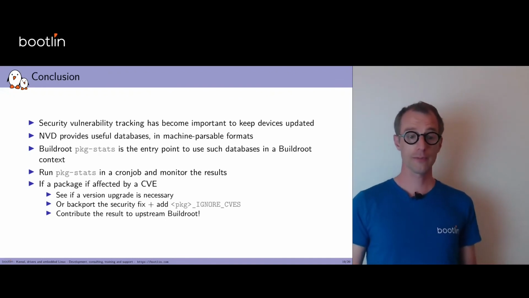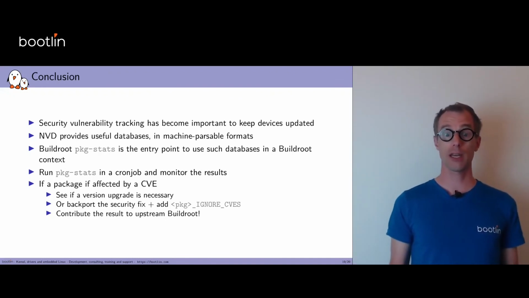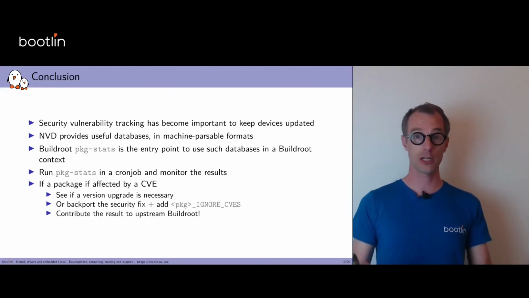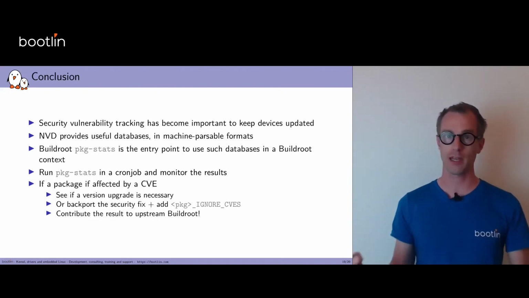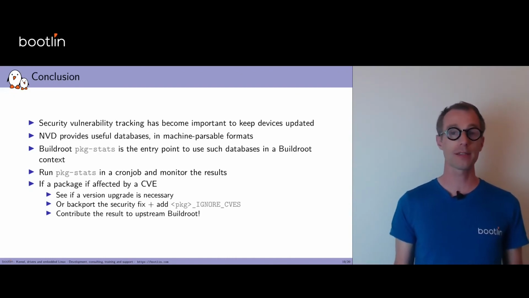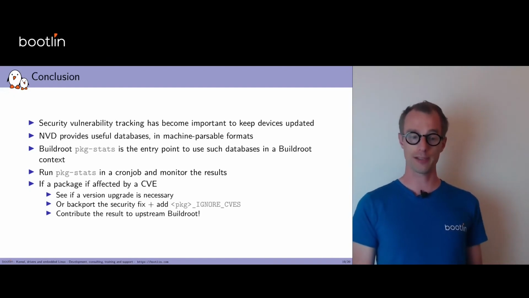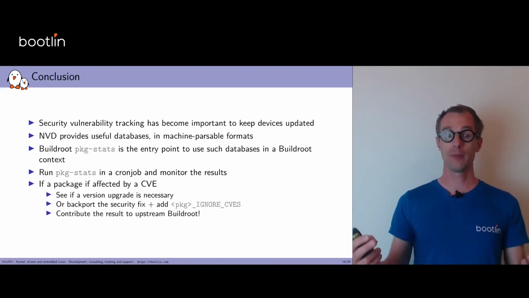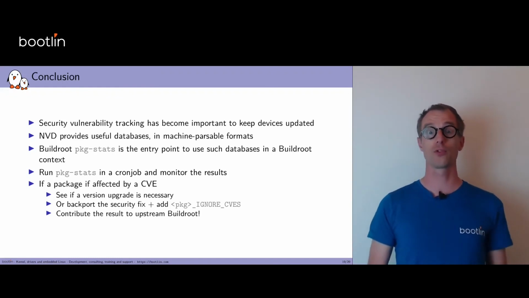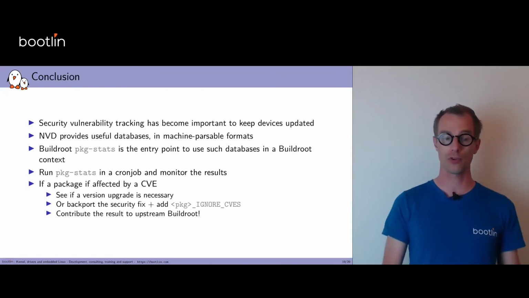So to conclude, security vulnerability tracking has become really important to keep devices updated, especially when they are network connected or generally accessible to users. NVD provides some really useful databases in nicely machine parsable formats. And the pkg-stats tool and make target in Buildroot is the entry point to use such databases in a Buildroot context.